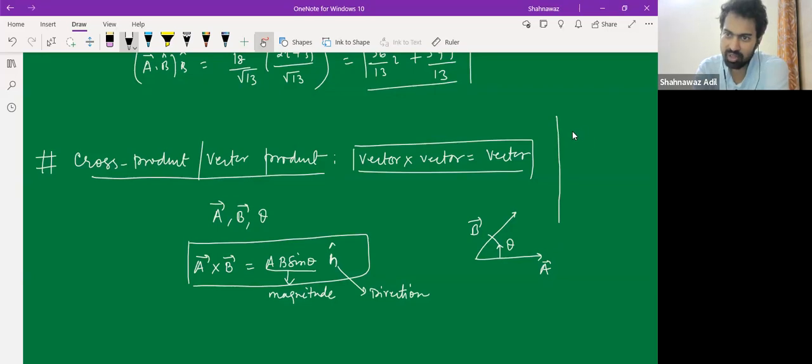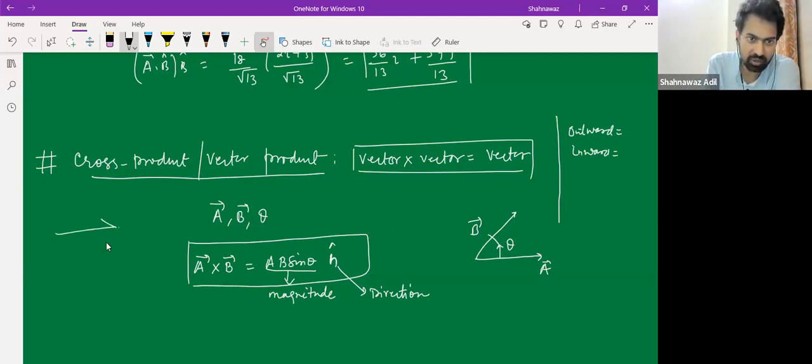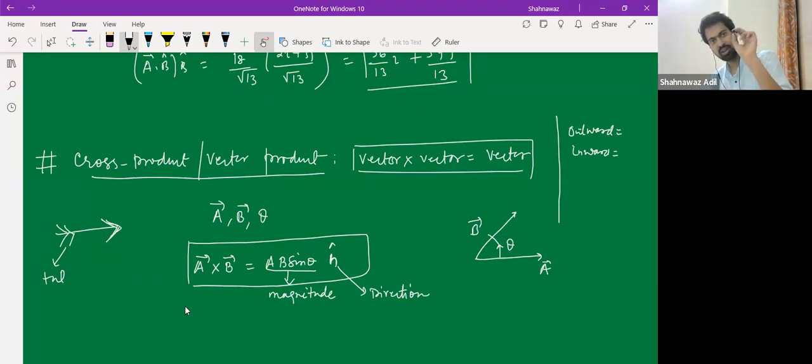So what represents the outward direction and what represents the inward direction? Did I talk about this? No, so let me explain. We have this kind of arrow. This is the tail part, and this is the head. If the arrow comes at you, what will you see?